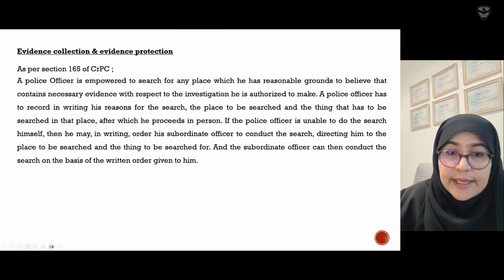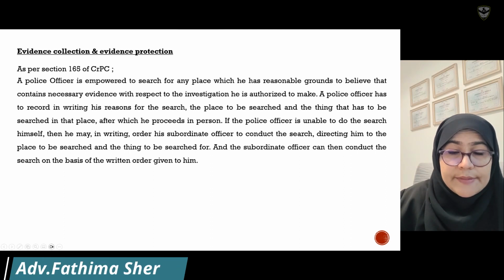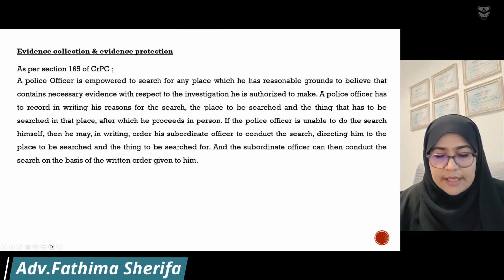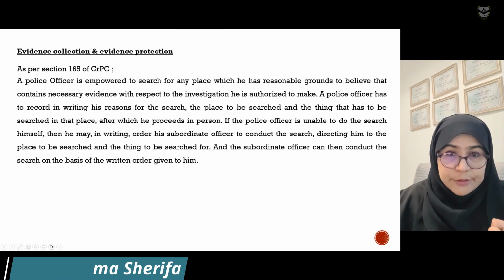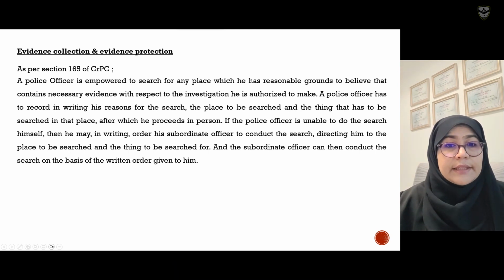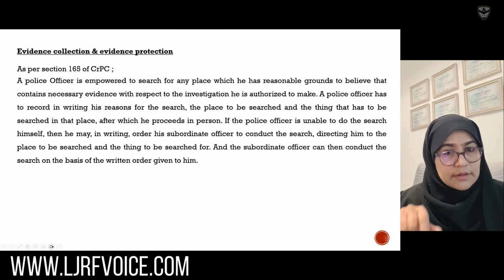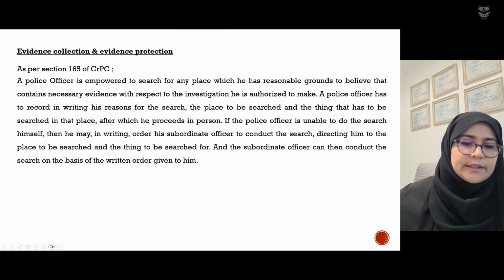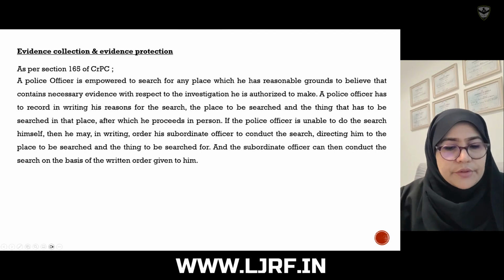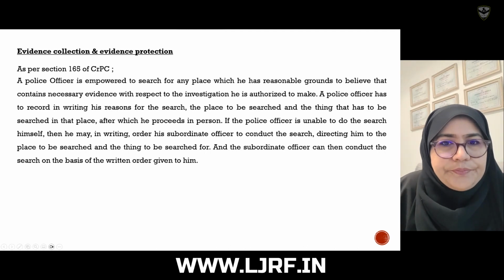A police officer has to record in writing his reason for the search, the place to be searched, and the thing to be searched for in that place, after which he proceeds in person.